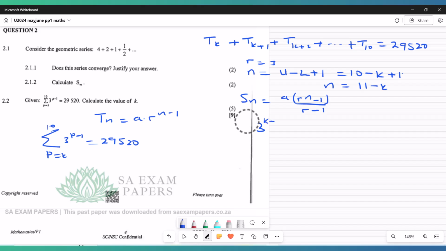That's our a. Then the common ratio is 3, to the power n, which is 11 minus k, minus 1, divided by 3 minus 1 equals what they gave us, 29520.